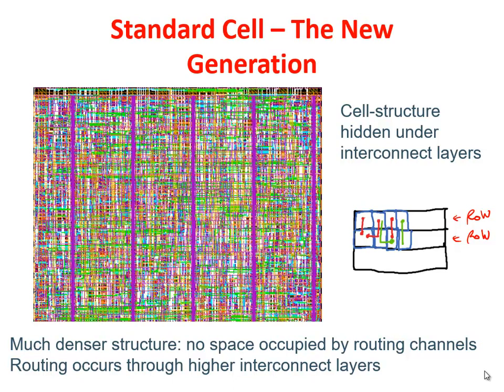And this is doable because in the most recent technology processes you have many more layers of interconnects. So the lower layers can be used for the local interconnections within the single cells, and the upper layers can run on top of the logic circuits to connect the different logic gates without occupying additional space on silicon.